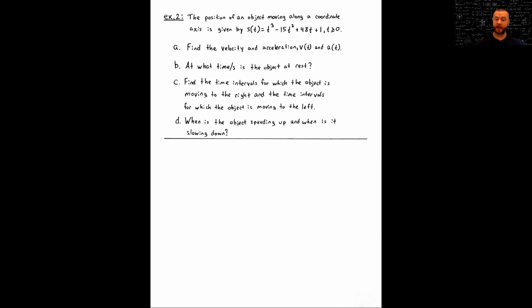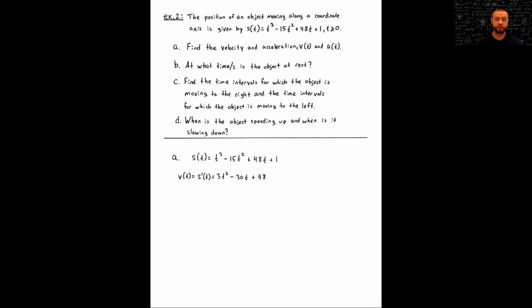All right, let's go through part A. Part A is really the only place calculus is used within this question, this 4-part example. All right, so I'm just writing the position function S of t. And notice here, the derivative is very straightforward to calculate using the power rule.